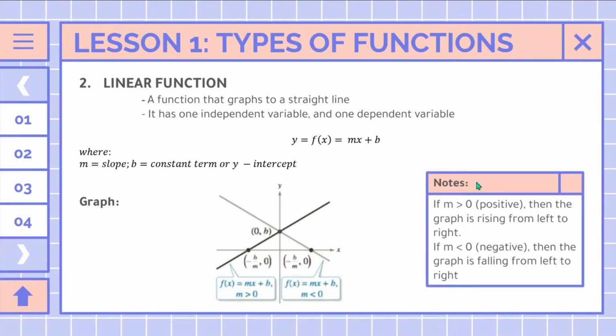One note is if m is positive, then the graph is rising from left to right. Kung mapapansin nyo, umaangat siya from left to right. If m is positive or m is greater than 0. Then, on the other side, if m is less than 0 or m is negative, then the graph is falling from left to right.